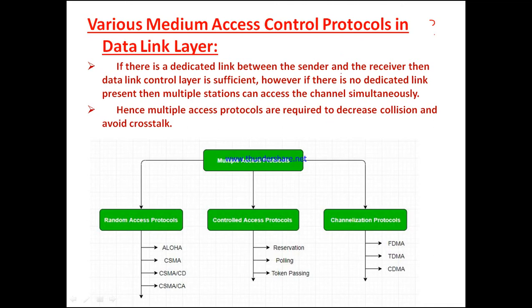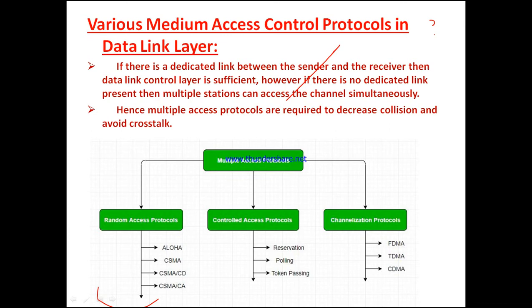Moreover, these multiple access protocols are classified into three categories. One is called random access protocols, as shown in the diagram. Another one is called controlled access protocols. And lastly, channelization protocols. In random access protocols, we have subdivisions like Aloha, CSMA, CSMA/CD, CSMA/CA.